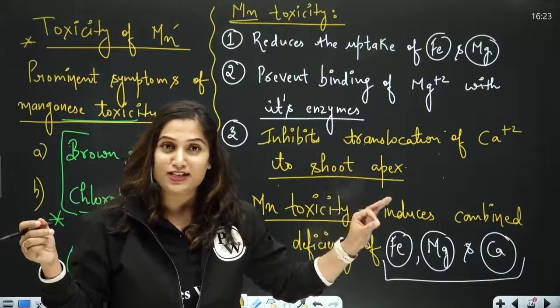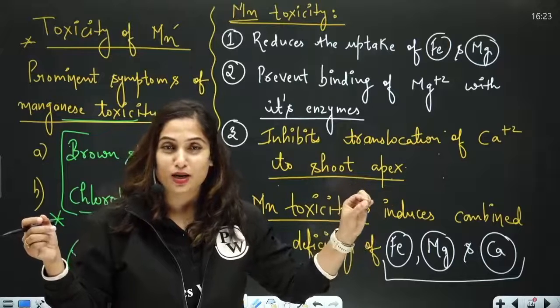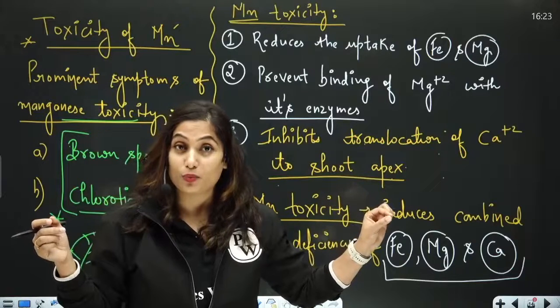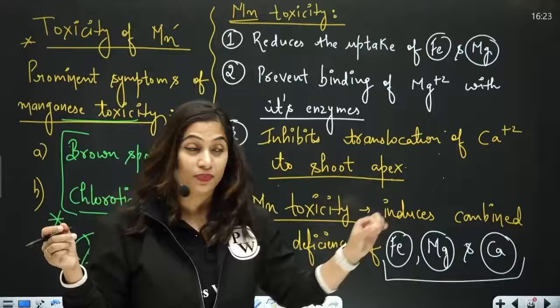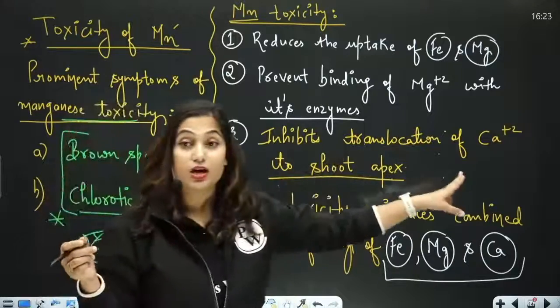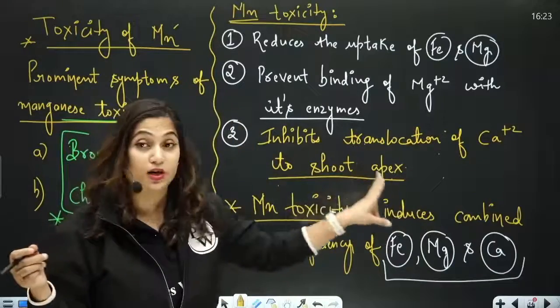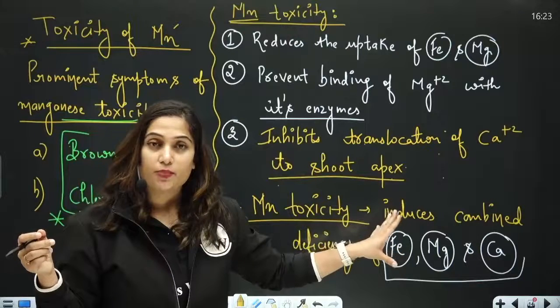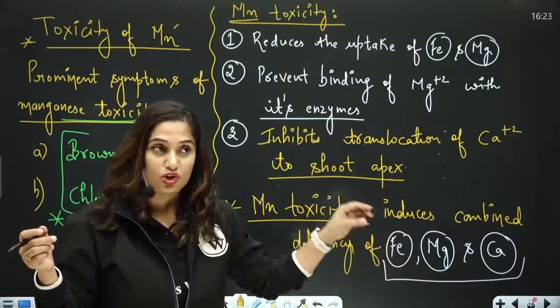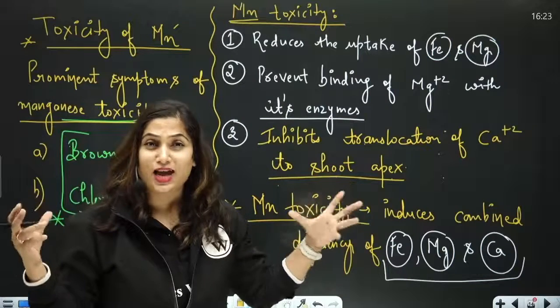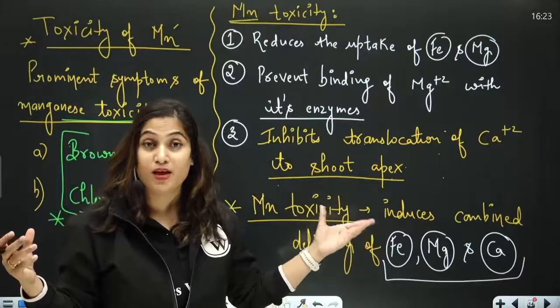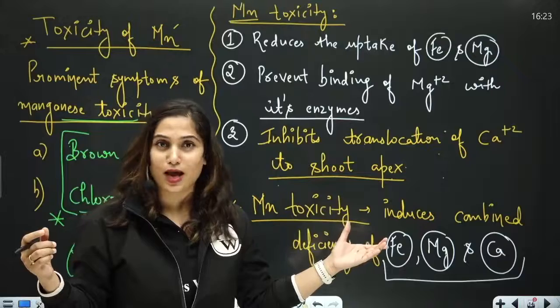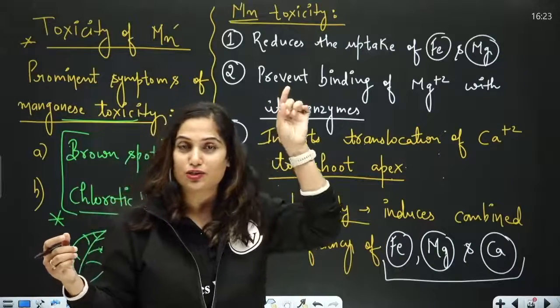The toxicity of manganese does not allow magnesium to bind with its enzymes, and inhibits translocation of calcium to the shoot apex. In the shoot apex, shoot apical meristematic cells are present which are rapidly dividing and they need calcium for division. But manganese toxicity does not allow calcium to be translocated to the shoot apex.